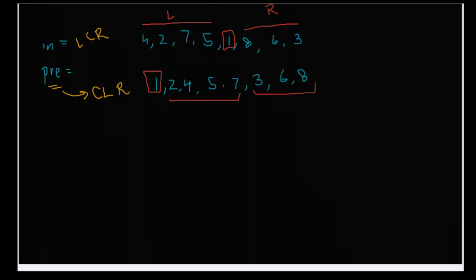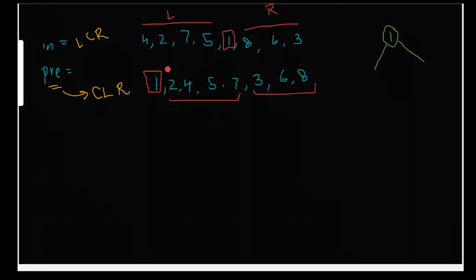So let's construct the tree one by one. We got the main element, that's 1. Now we got one left subtree and one right subtree from this. For both of these we again require a root. This root will again come from the pre-order, so the first element of the pre-order gives the root.